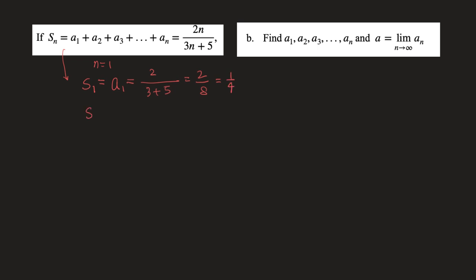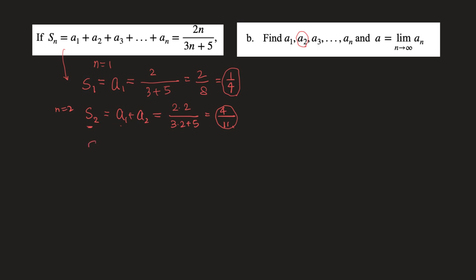So we want to know a2. All you have is the partial sum. S2 is a1 plus a2. With n equal 2, we calculate 2 times 2 over 3 times 2 plus 5, 4 over 11. So S1, a1, is 1 over 4, and S2, a1 plus a2, is 4 over 11.